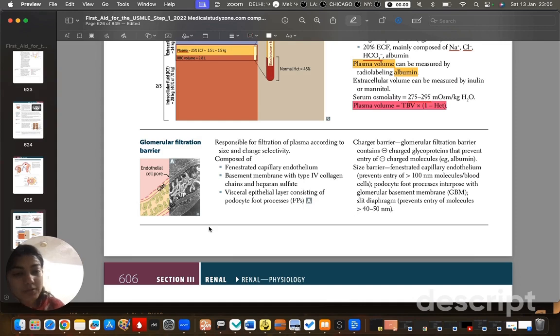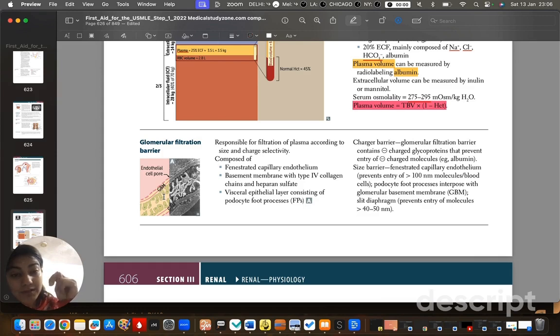Size barrier, we can look at the size between them. The endothelium, less than 100 nanometers, can only seep through, whereas the foot processes and the glomerular membrane are interposed, as in they're like this.